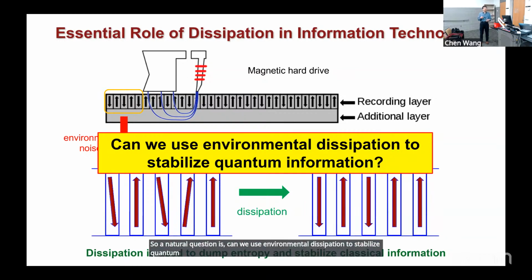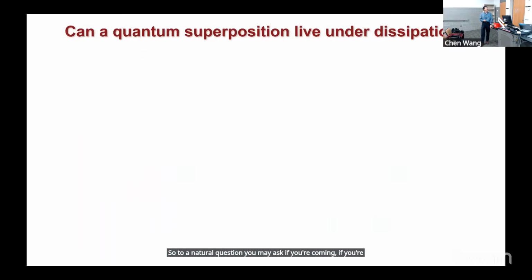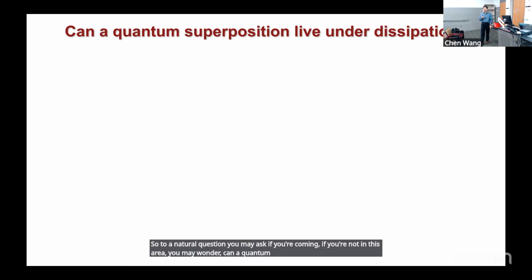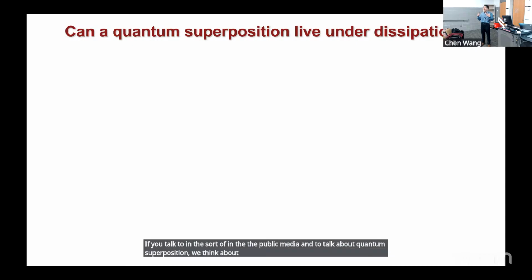That has been a dream for people working in the area, trying to really get quantum computing to work. So a natural question you may ask if you're not in this area, you may wonder, can a quantum superposition even live under dissipation? Because if you talk in the public media about quantum superposition, we think about it as this naturally fragile state that lives at two places at once.